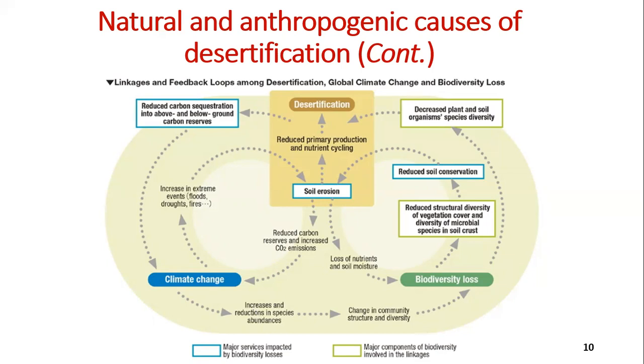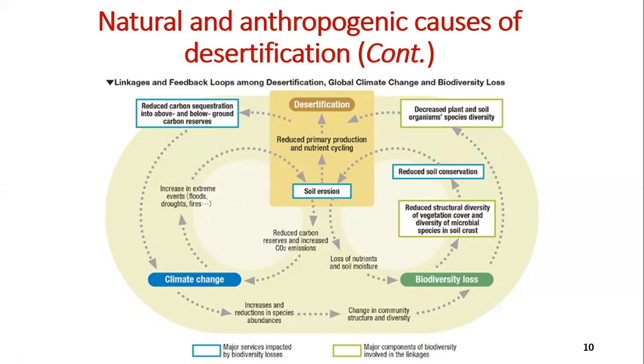And when these vegetation species disappear, there will be a change in the structure and the diversity, which at the end of the day leads to biodiversity losses. Now, when you have biodiversity losses and you trace the link here, it means that there will be a reduction in the plant and soil organism diversity, which at the end of the day affects the whole ecosystem and can lead to desertification.